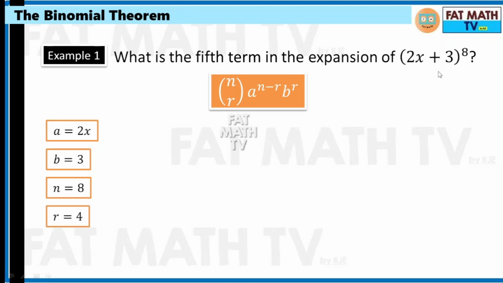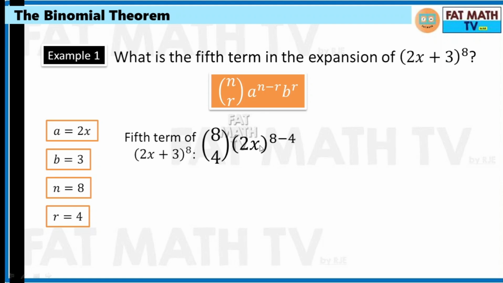We will plug this into the formula. So the fifth term of (2x + 3)^8 is 8 choose 4, (2x) raised to 8 - 4, times 3 raised to 4.